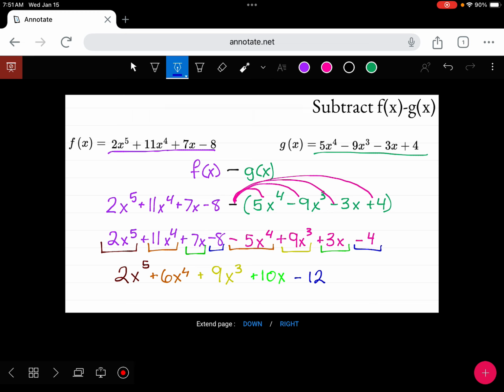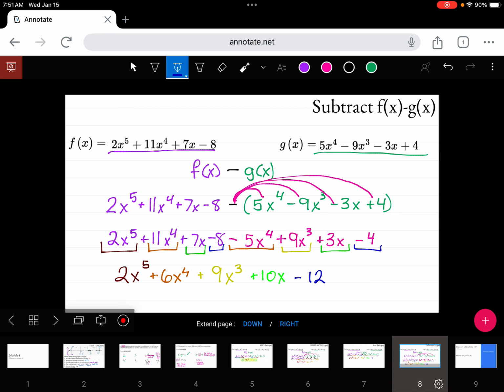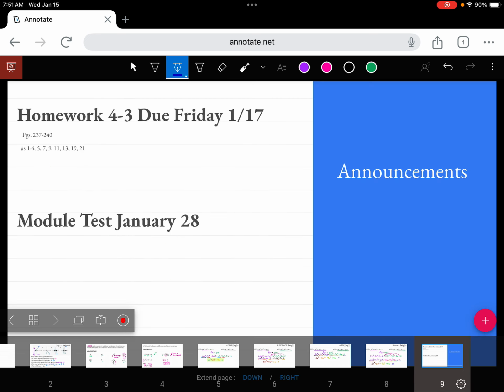Okay, so I'm going to get our next homework, because we didn't have homework yesterday, so I'm nice, but I'm not that nice. We got homework 4-3. Today is Wednesday. We're going to talk more about what's on here tomorrow, but you can do everything on the front and the review on the back. Today we did adding and subtracting.